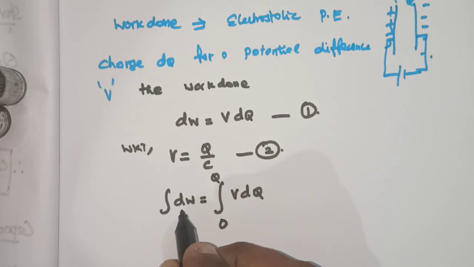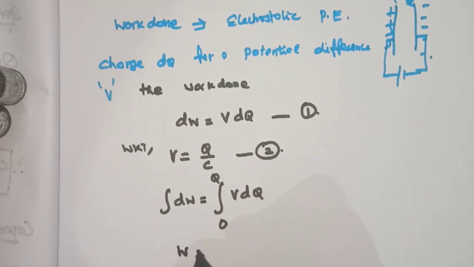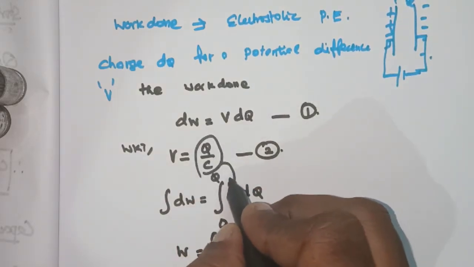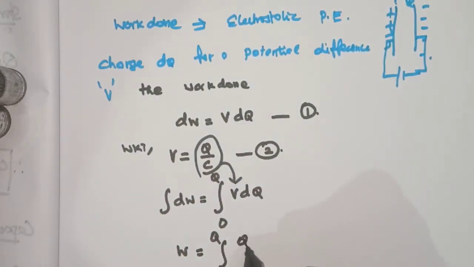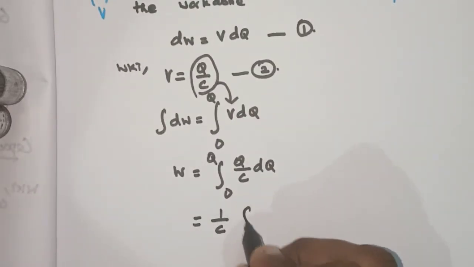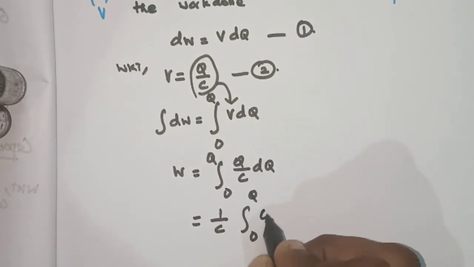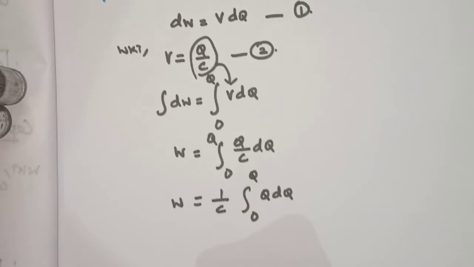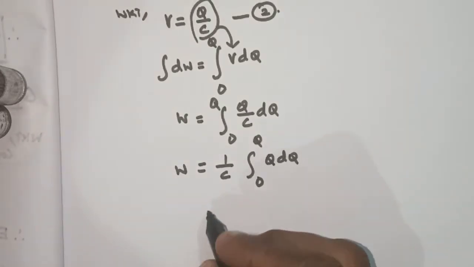Integral dW equals W. From 0 to q, I am going to substitute the value of V here, so q by C dq. Taking the common term 1 by C, integral 0 to q of dq.